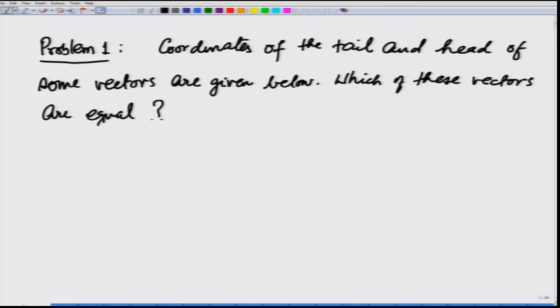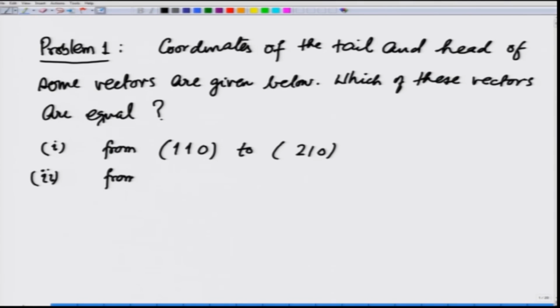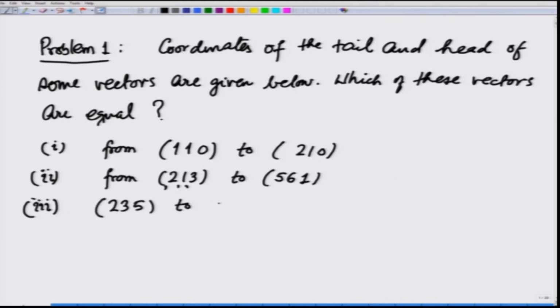So, coordinates are given. One is from 1 1 0 to 2 1 0. Second one is from 2 1 3 to 5 6 1. Third one is from 2 3 5, these are x, y and z coordinates, to 2 3 5.